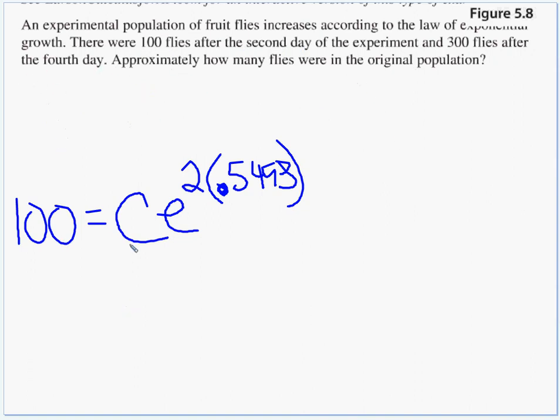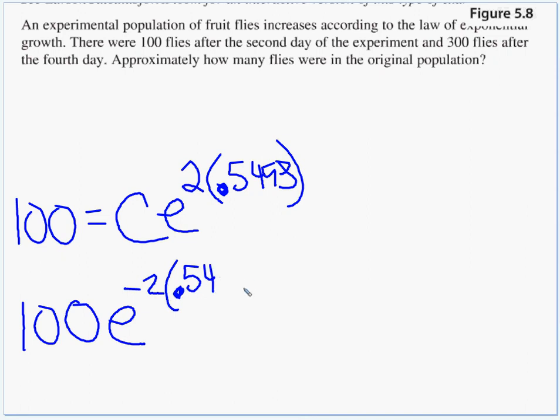And to get c by itself, we're just going to divide by e to 2 times this, or it's going to wind up on the other side as a negative exponent. 100 times e to the negative 2 times 0.5493 is equal to c.